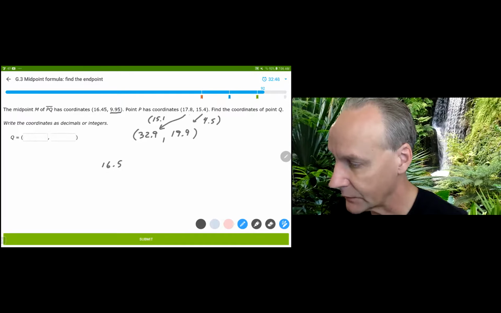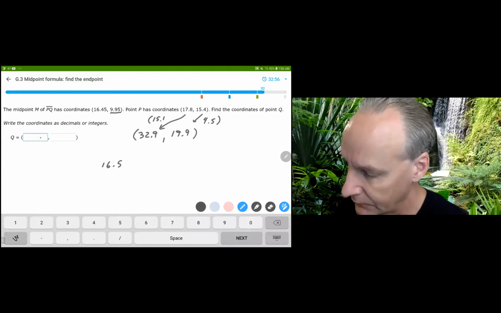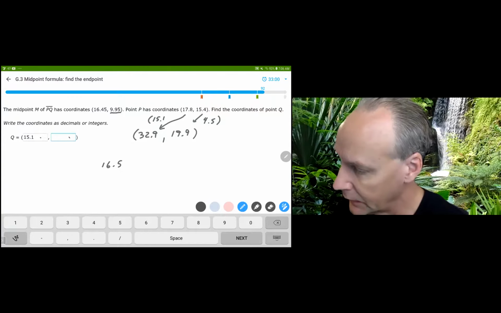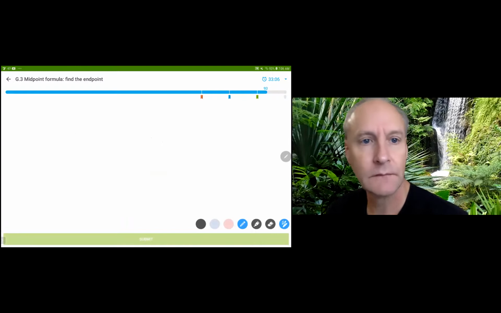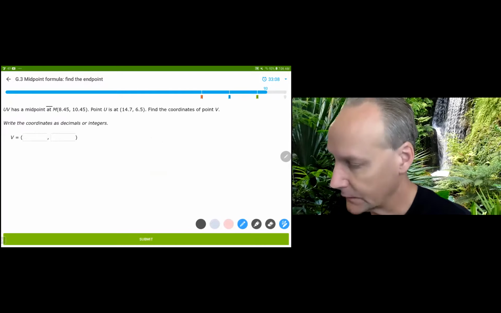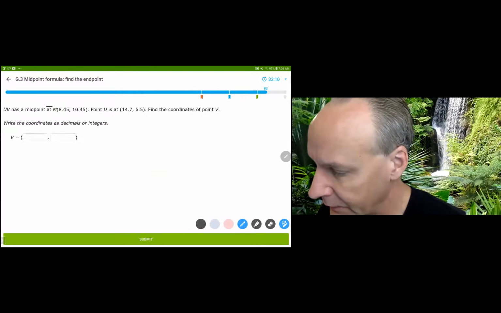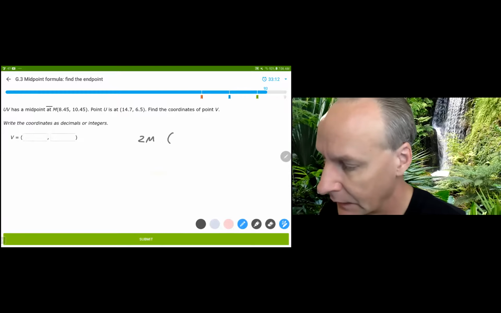Let me just double check it real quick. 32.9, yep. And 19.9, it looks good. 15.1 and 4.5. I want to put in the right numbers there. Okay, getting a little more challenging as we go. 2 times the midpoint.